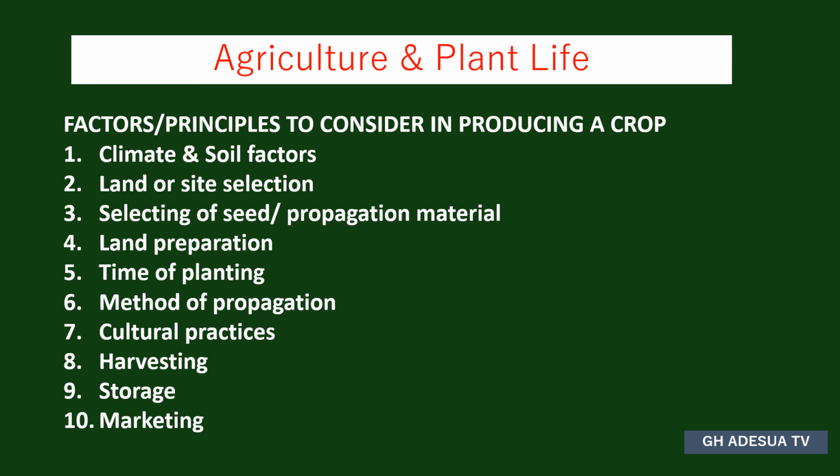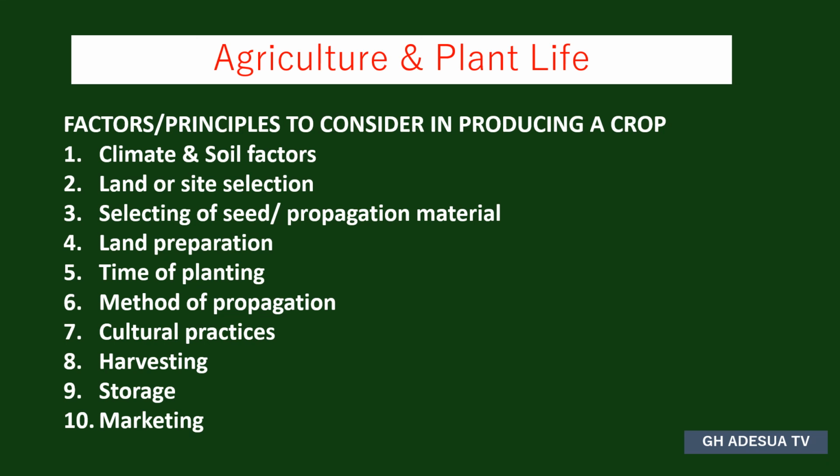So for you to have a successful crop production, you need to think about your climate and the soil. You need to look at the land or the site for production. You need to know the kind of seeds you are selecting or the propagation material. You have to do the right land preparation for the production to take place. The time of planting of your crop is very key.